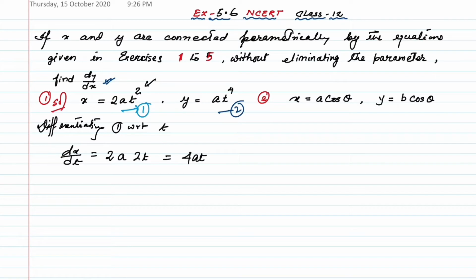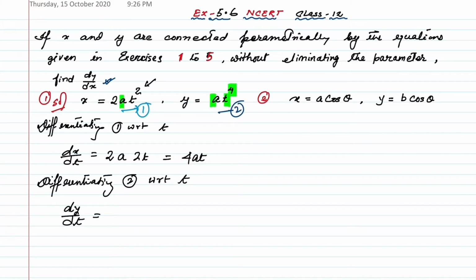Now differentiating equation number 2 with respect to t, you will get dy by dt is equal to, if you differentiate here we have to treat a as a constant, 4at cube.